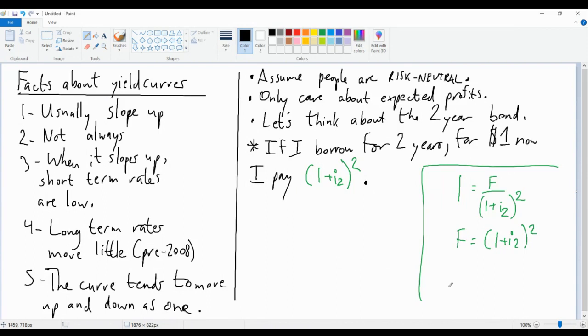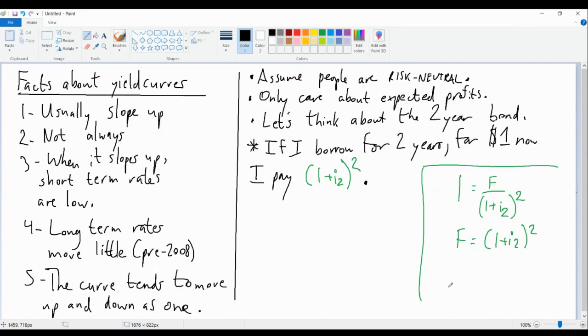So I borrow $1 now. At the end of 1 year, I have to pay back whatever interest there was. Instead of doing that, I pay back that interest by borrowing for another year, and then at the end, that's what I have to pay back. So I could borrow for 2 years, or I could borrow for 1 year twice in sequence.